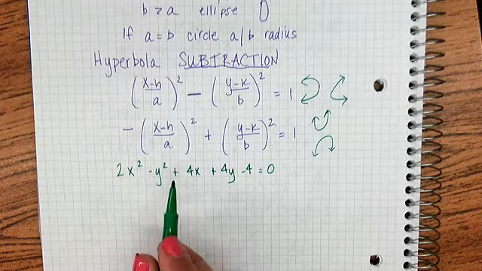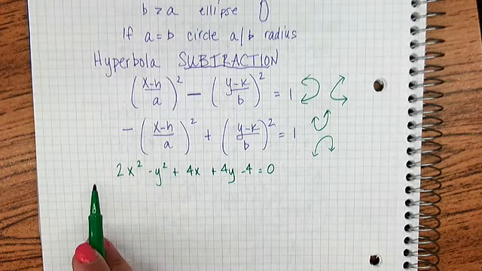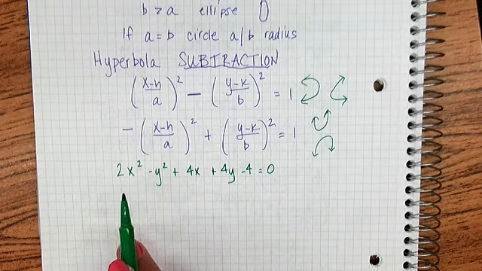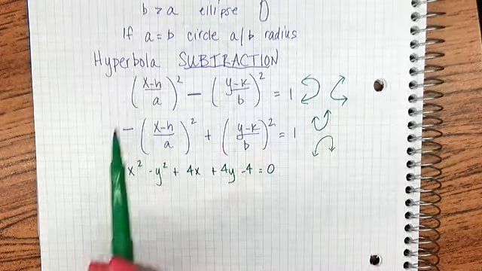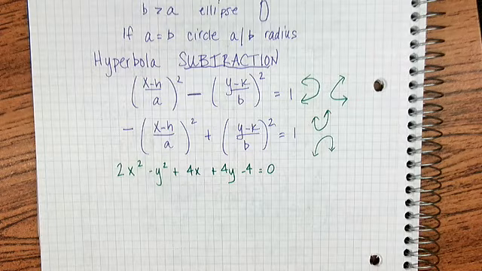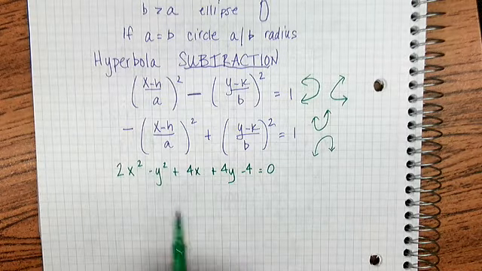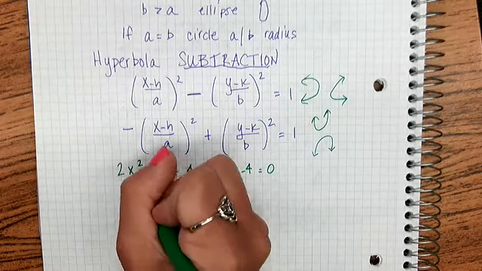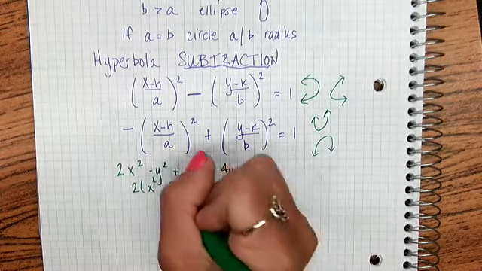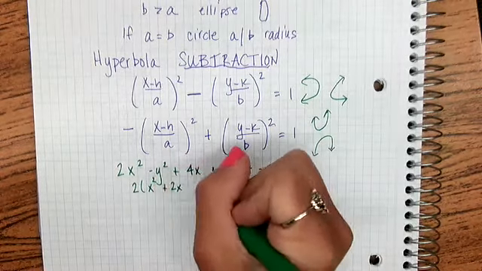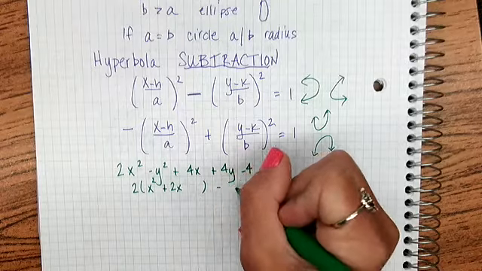Oh, actually, I think this is vertex form, and this is called standard form. This one up here is vertex. This one right here in green is standard. I'm going to group the x's and I'm going to factor out the 2. Careful.